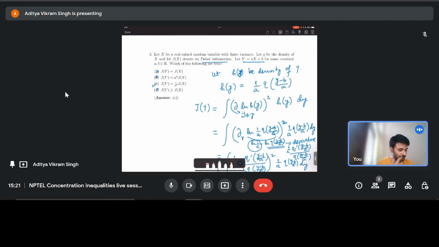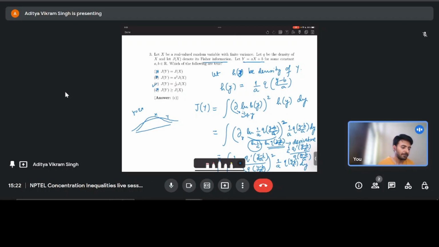Again, if let's say y is 2 of x, and this is the density of x, then the density of y would be a broader density. There are two notions of information for a random variable. One is the entropy, which measures uncertainty: the more uniform something becomes, the higher the entropy.